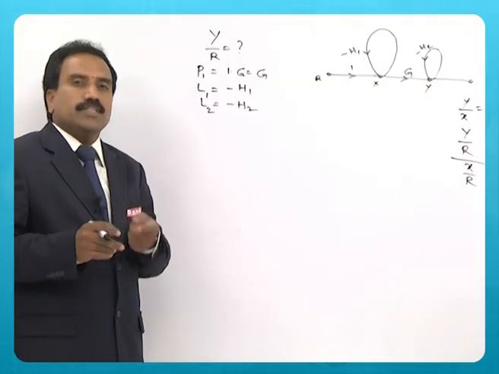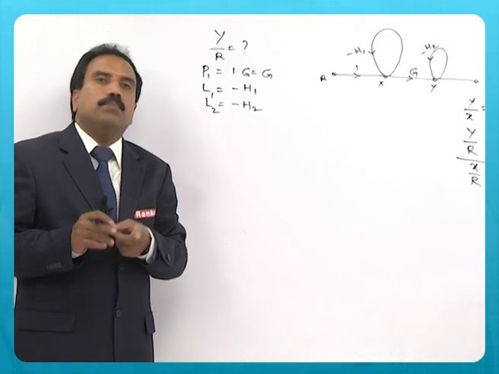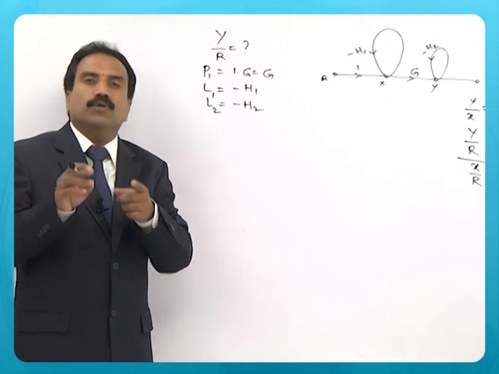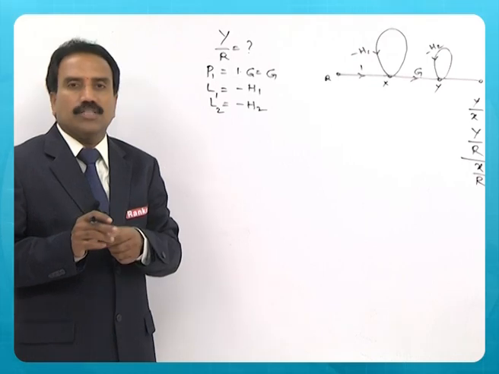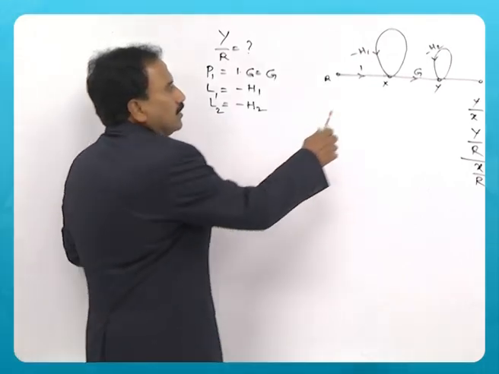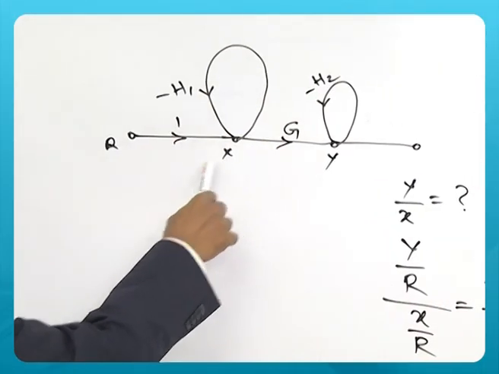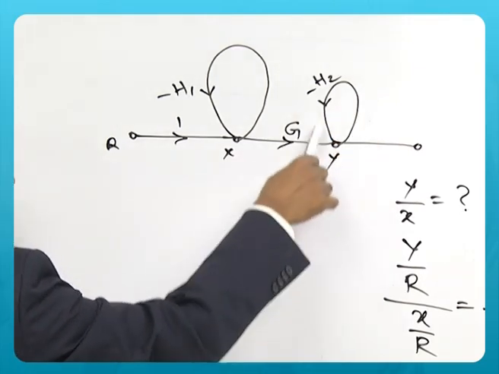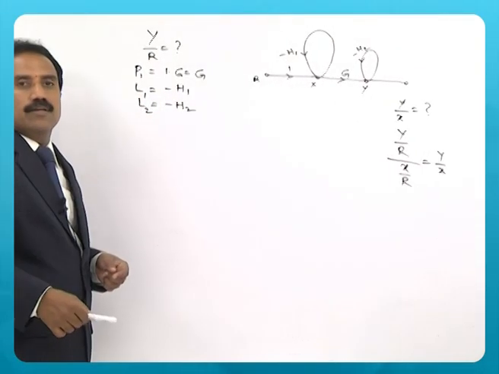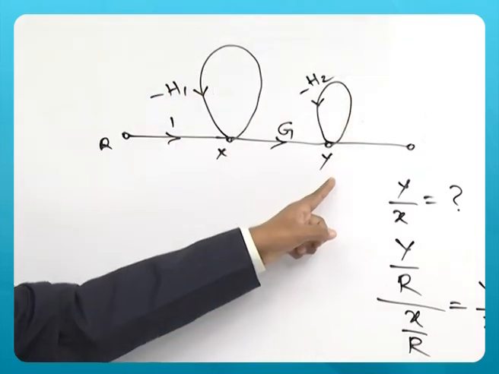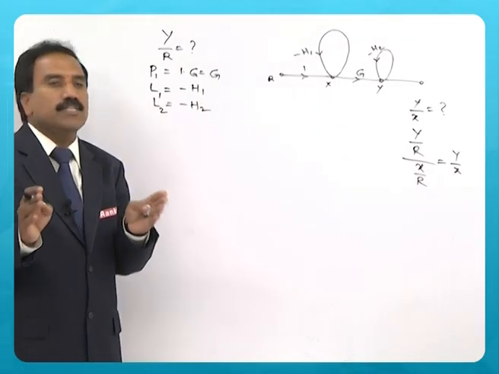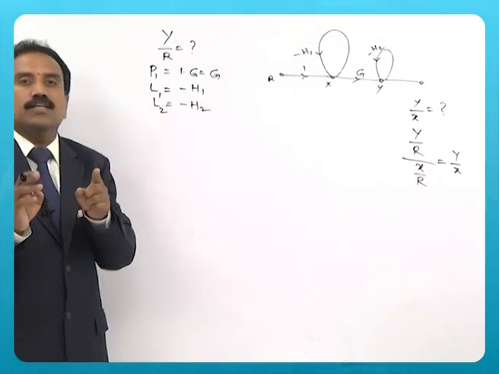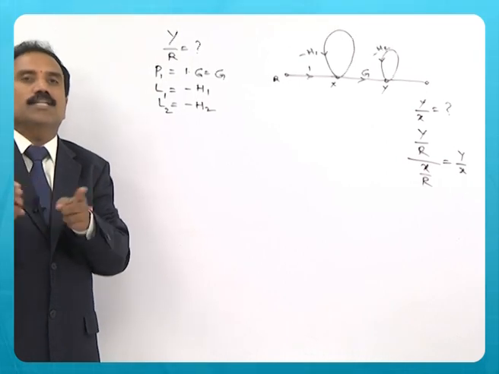Now you need to identify any pair of loops which are not touching. You can see that this loop is confined to node x, this loop is confined to node y, and there is no connection between x and y. In the sense, those two loops are not touching each other.